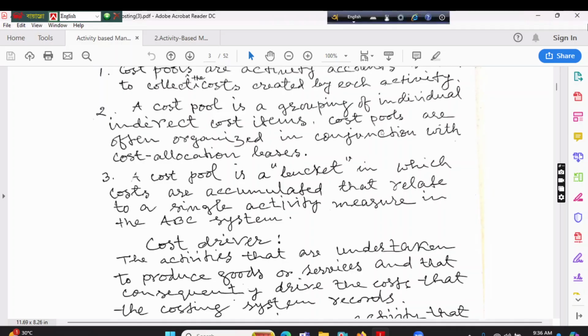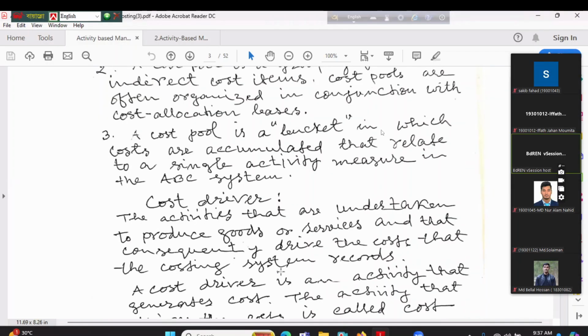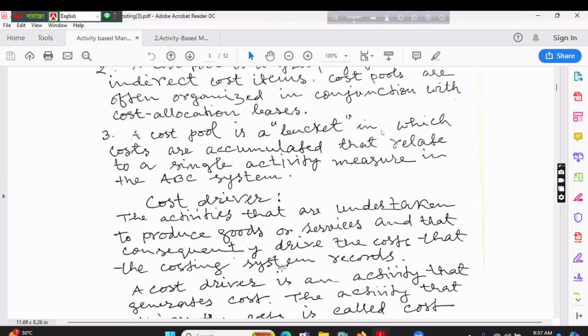Another term, cost driver, or activity measures.